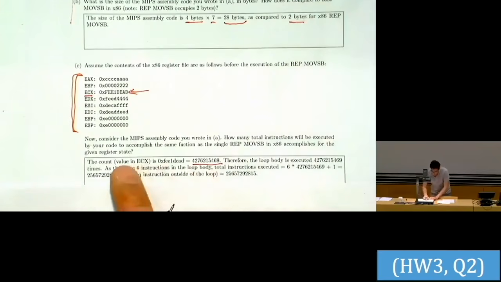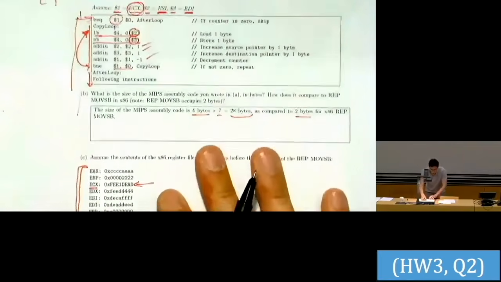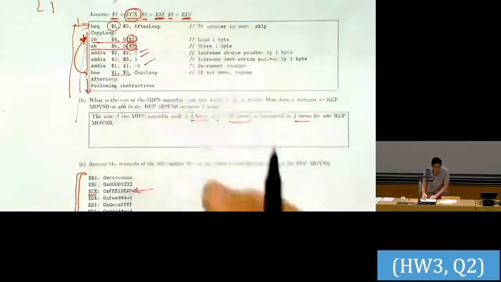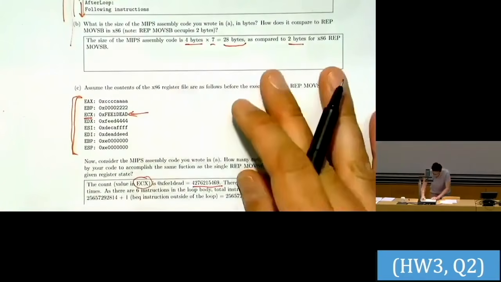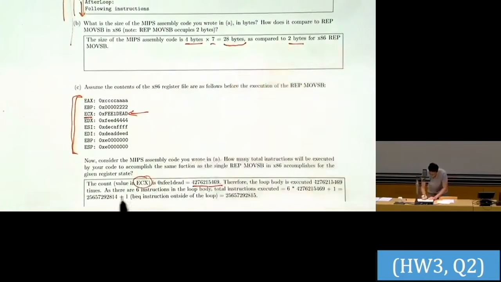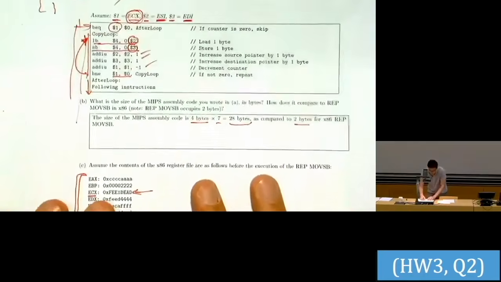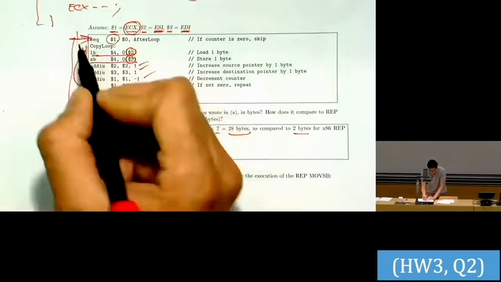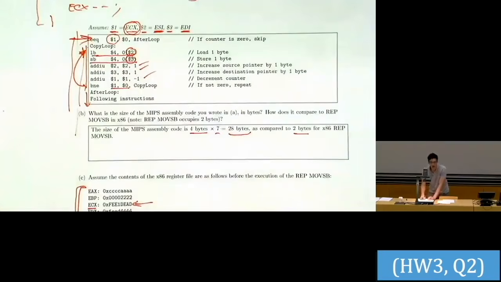Because this ECX register tells us the number of times that this loop is going to be repeated, the total number of bytes that we are copying, and the body of the loop has 6 instructions, the total number of instructions executed in this case is 6 times the value of register ECX, plus 1, because remember that in the beginning of the loop we had this BEQ instruction.